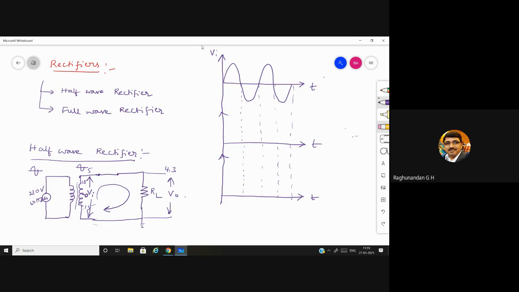Just for our understanding and discussion purposes, we have considered that it doesn't have any drop, because we are more bothered about the working procedure of the half wave rectifier. But practically speaking, the diode will have 0.3, 0.7, so when you get the output, you will not get exactly the same as the input. There will be some drop in the output voltage.